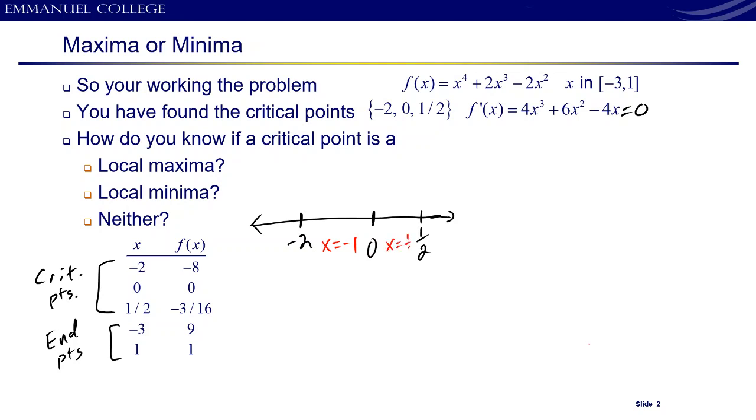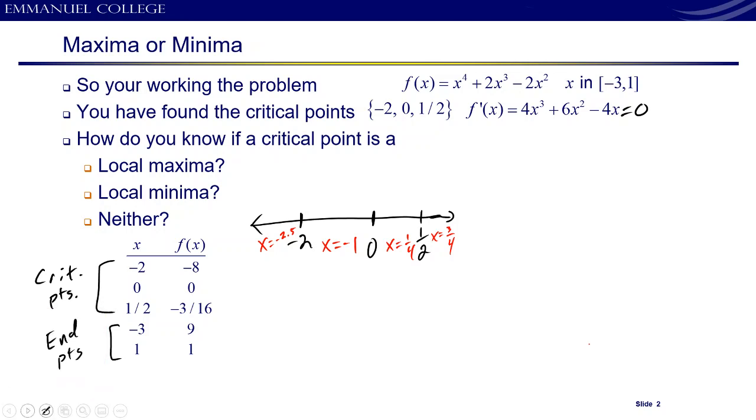Here I'll go with x equals 1/4. Because of this being 1, I'm going to pick x equals 3/4 and not go with 1. And then here I'm going to go with x equals negative 2.5, again because our interval is limited to negative 3 and 1.